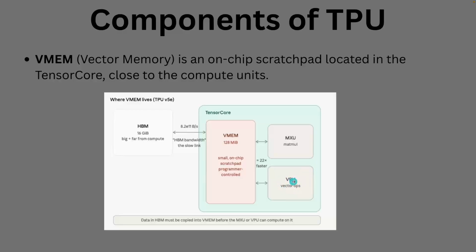Again, the VPU is for vector operations like ReLU, pointwise addition and multiplication, and the MXU is for matrix multiplication. This bandwidth is 22 times faster than the HBM bandwidth, but the size is much smaller. The vector memory is around 128 megabytes, and HBM is 16 gigabytes. So there is a trade-off between the bandwidth and the size of the memory.